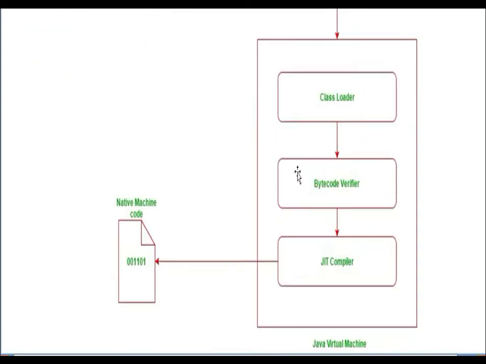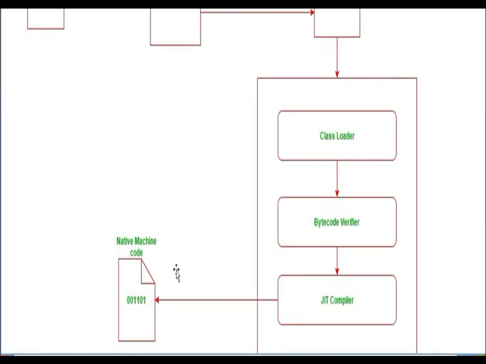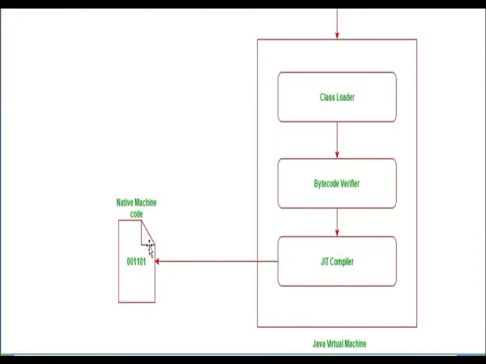Here a Java Virtual Machine is there, where a class loader and bytecode verifier are there, and a JIT compiler, just in time, which translates this bytecode into your machine code, that is your binary code.